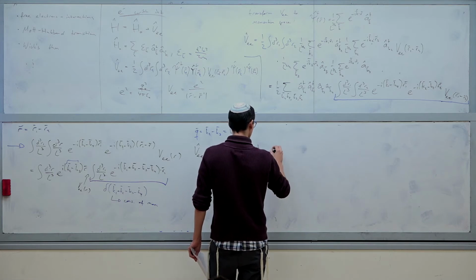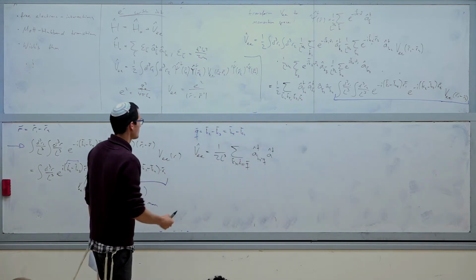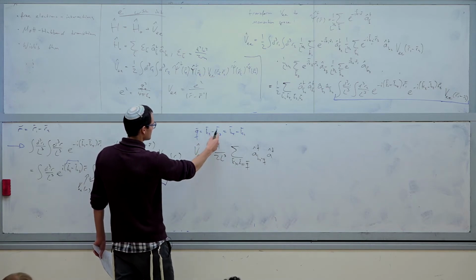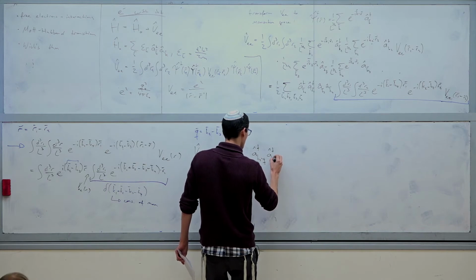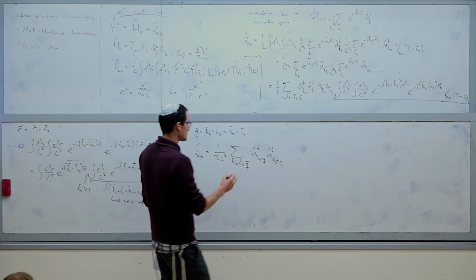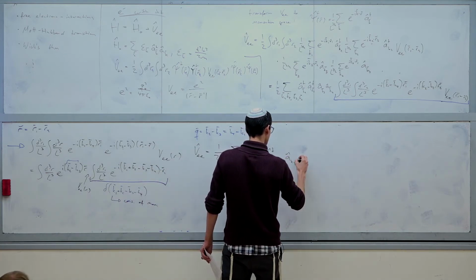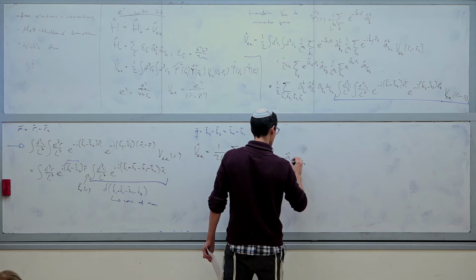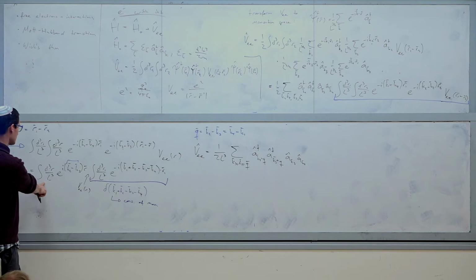And then the second creation operator creates a particle in K2, but again, I can write K2 as K3 plus Q. I'm leaving K3 and K4 in the annihilation operators. And then what's left is this integral.